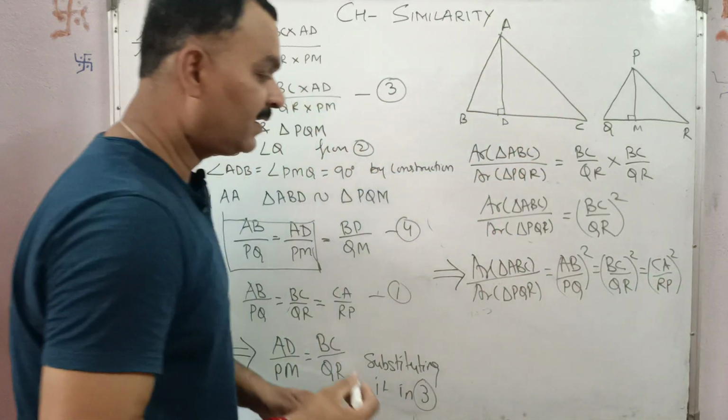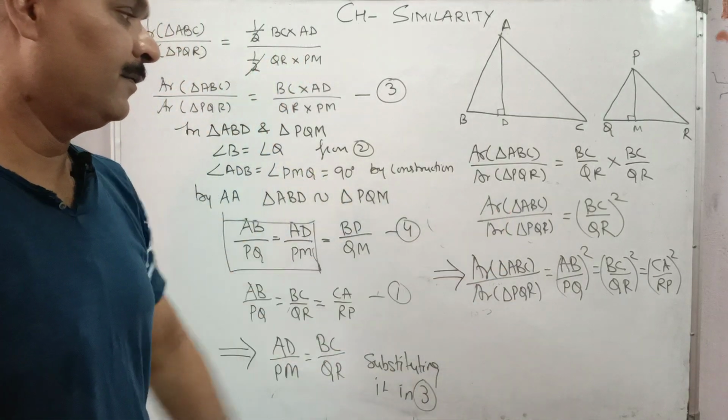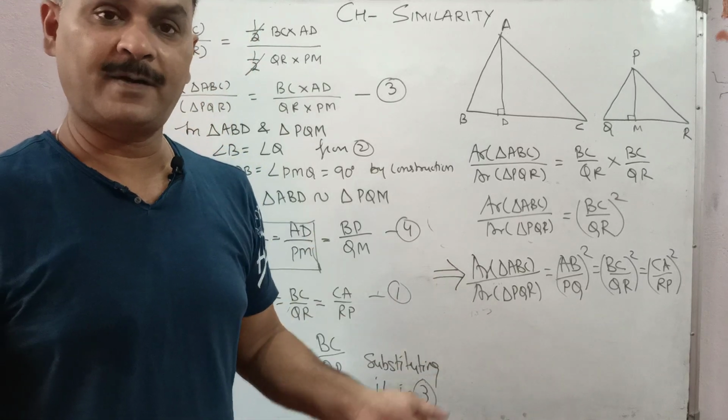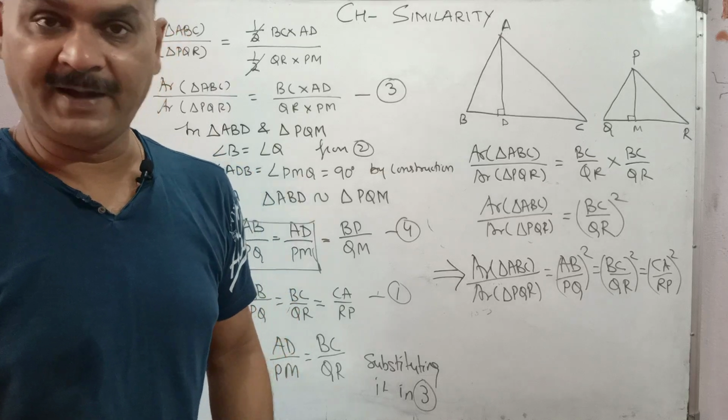So we will use as per the requirement of the question which two sides are given to us, and we can easily find out the ratio of the areas of similar triangles, or if the areas of the similar triangles are given, we can find out the ratio of their corresponding sides.